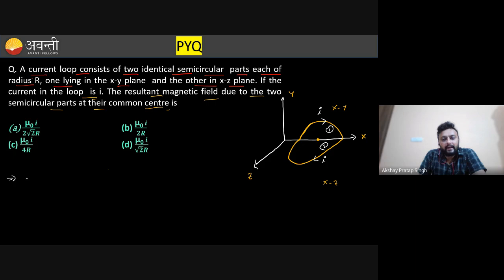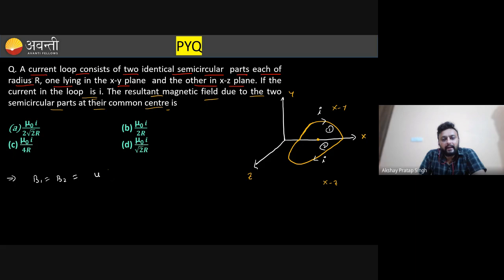First of all, both the parts have the same radius and the same current, and both are semicircles, so the field will be identical. So I am mentioning that B1 should equal B2. I am talking just about magnitude because I am not mentioning any vector sign here. So what will be the magnitude?